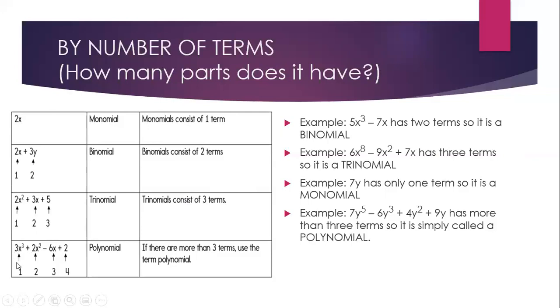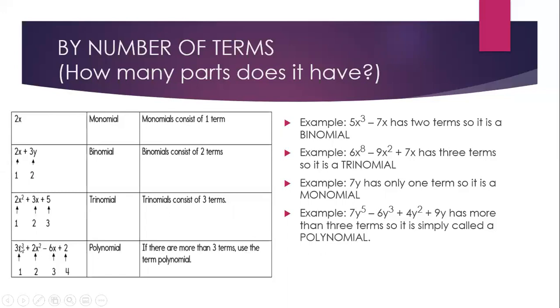Polynomial. Sometimes they have more than 3 terms, in which case we don't really have a name for it. We could make up a name, but we just chose not to. So if it has more than 3 terms, we just say polynomial.